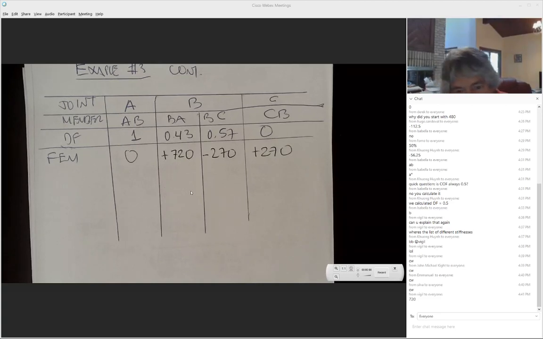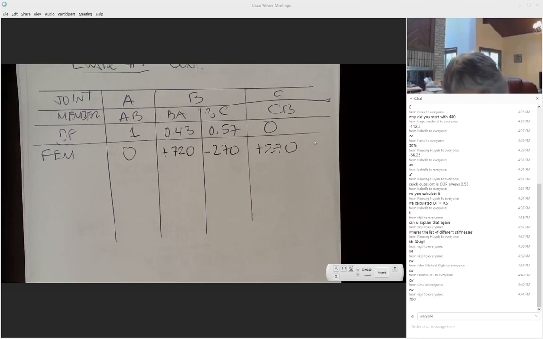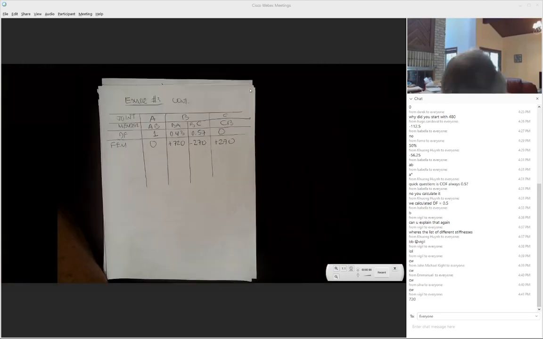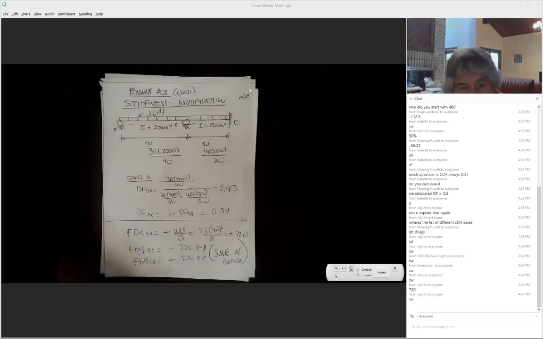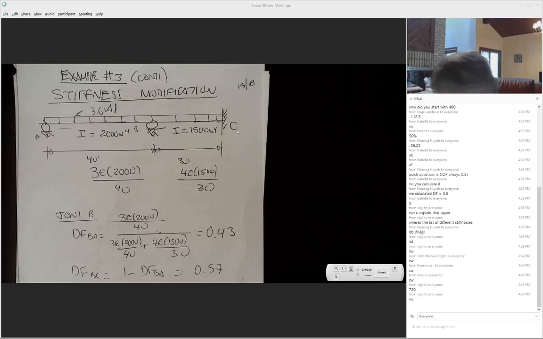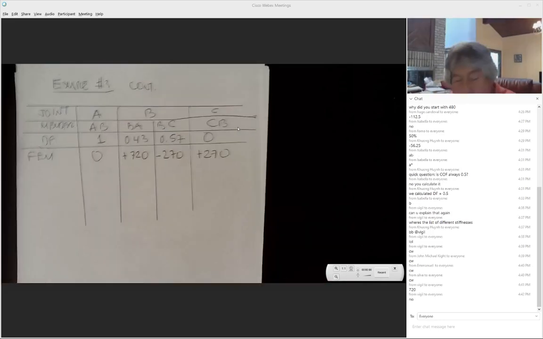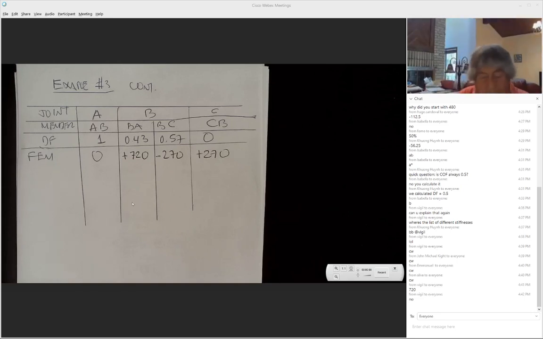Okay, question for everybody. This is a fixed support. Do I need to do anything to this joint? Yes or no? It's a fixed support. Nothing to do with a fixed support. So the only joint that is not in equilibrium is this one, B. What do I have at B?